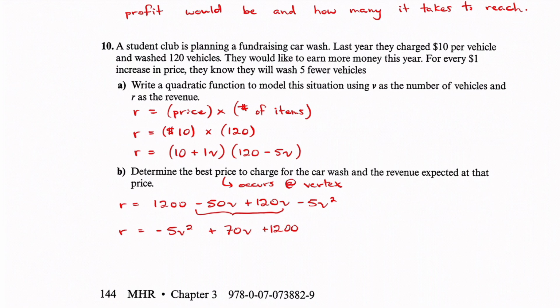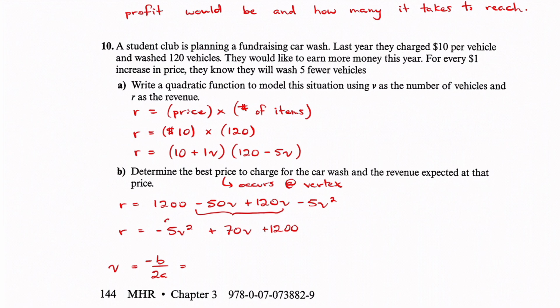Now actually, rather than continuing down this and getting to vertex form, I'm going to show you a quicker way that we could do it. I knew that the vertex was going to occur at negative b over 2a. Again, v just stands for vehicles, but I'm going to use this because it's going to be a lot quicker.